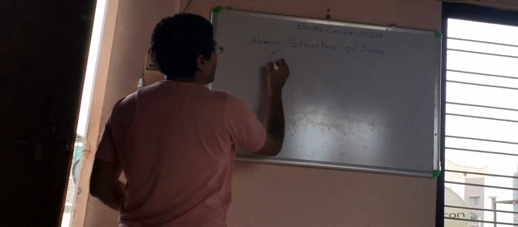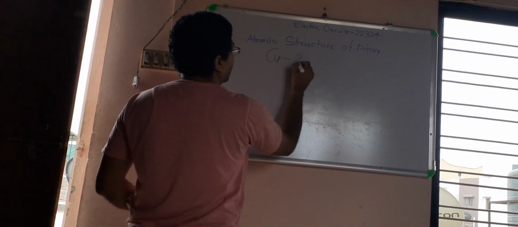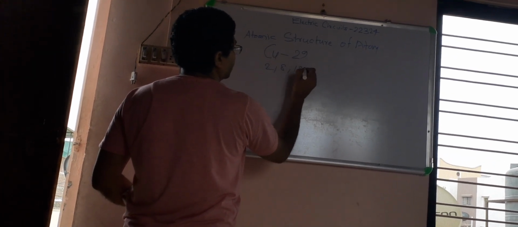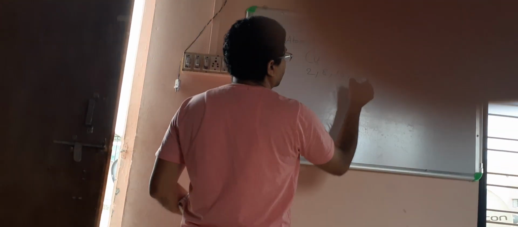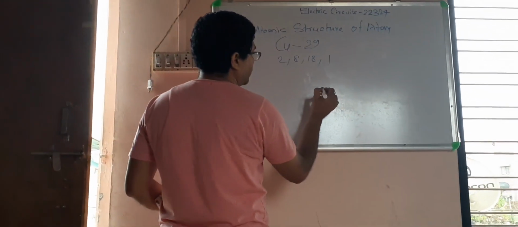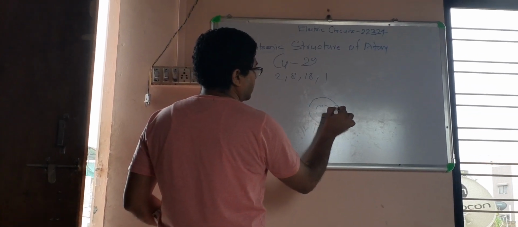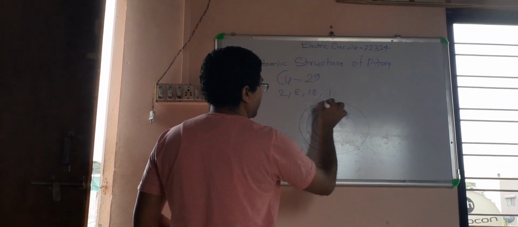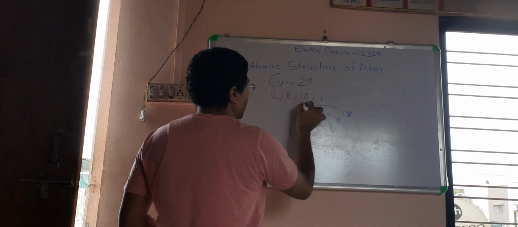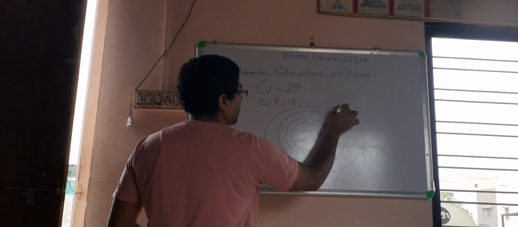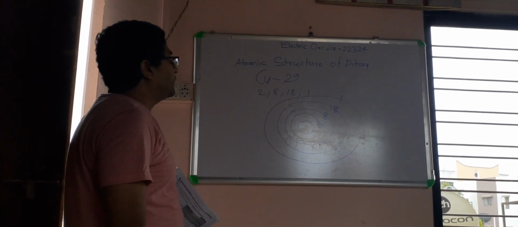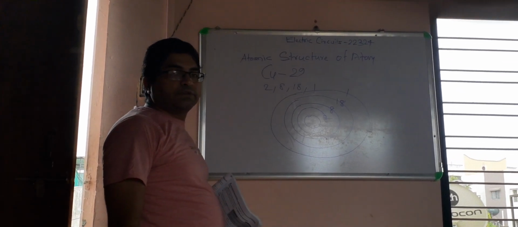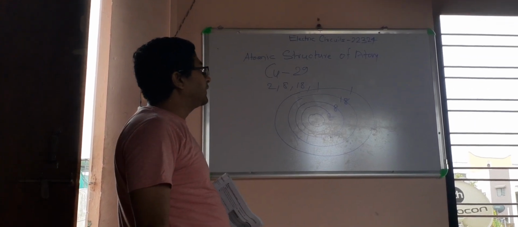Take the example of copper: 29, 2, 8, 18 and 1. So the center is the nucleus. In the first orbit there are 2 electrons, in the next orbit 8 electrons, in the next orbit 18 electrons, and in the last orbit it will have only 1 electron. In this way, the atomic structure of copper, which is a conductor of electricity, is shown here.